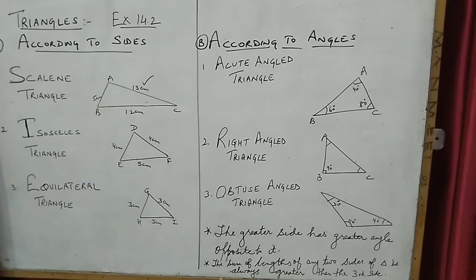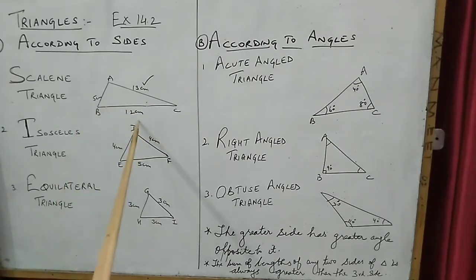Fine. Now next children, the second point is that the sum of the lengths of any two sides of a triangle is always greater than the third side. Whenever we add up any two sides of a triangle, it is always greater than the third side. Suppose I am adding these two sides, 12 plus 13. It is 25. 25 is greater than 5. Then I add up 5 and 12.